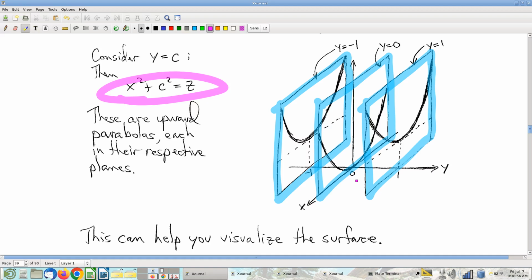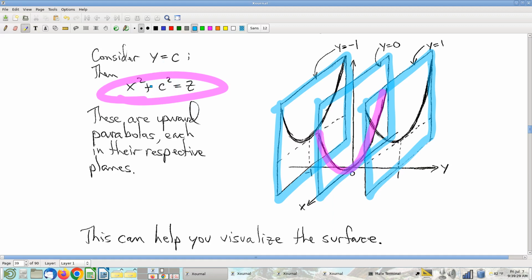You can see when we choose c equals 0, then c squared is 0, which means that here I'm shifting upward by 0, and I get a parabola in that sort of middle cross-section, if you will. Okay, now let's look at what happens if I have here where c equals 1. If c is 1, then 1 squared, of course, is 1, which means I'm shifting upward.